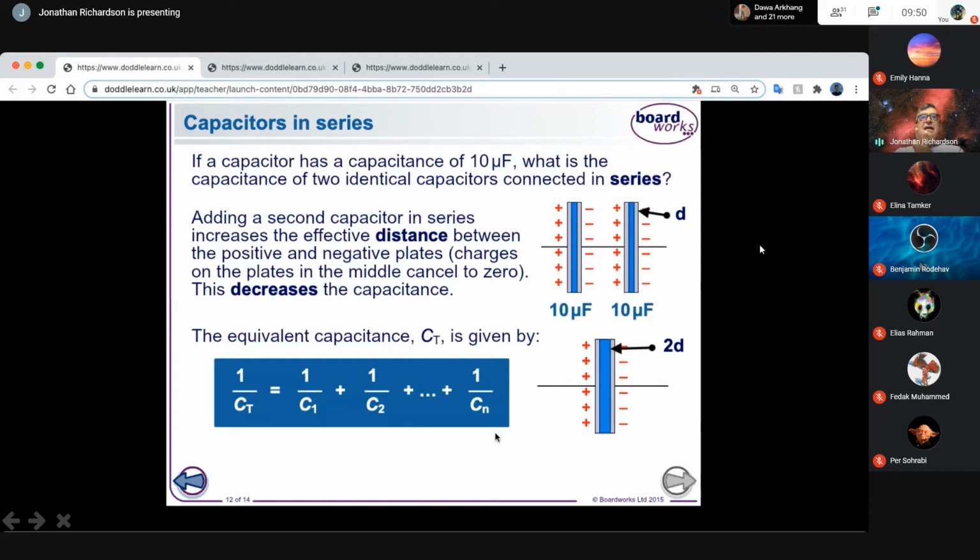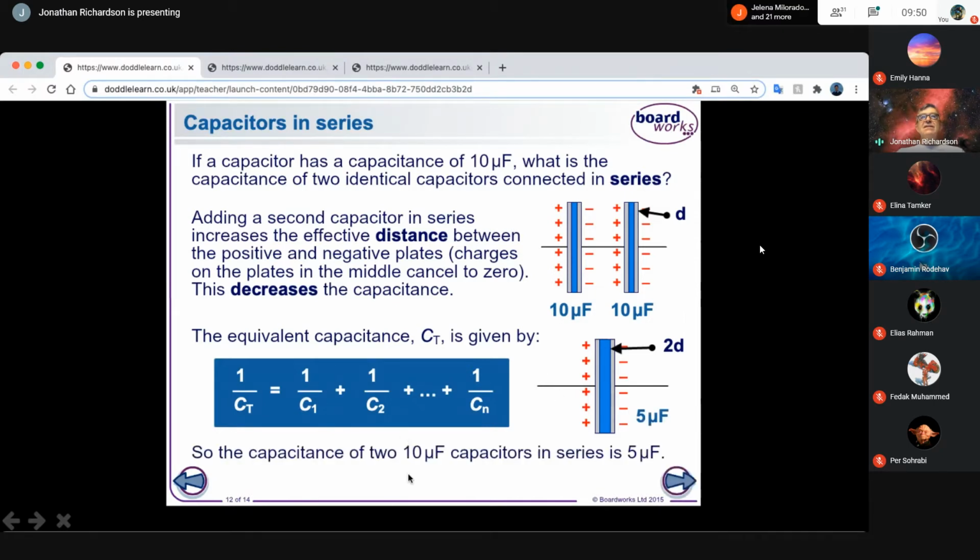In the examples or questions, you will only get 2 capacitors, but it works if I had 3, 4, 5, it doesn't matter. However many I join together in series, their capacitance will always decrease.